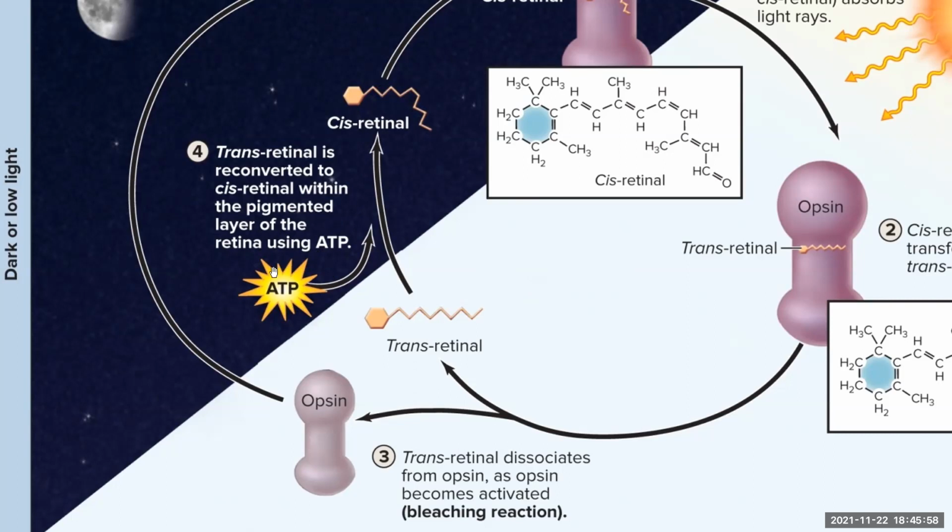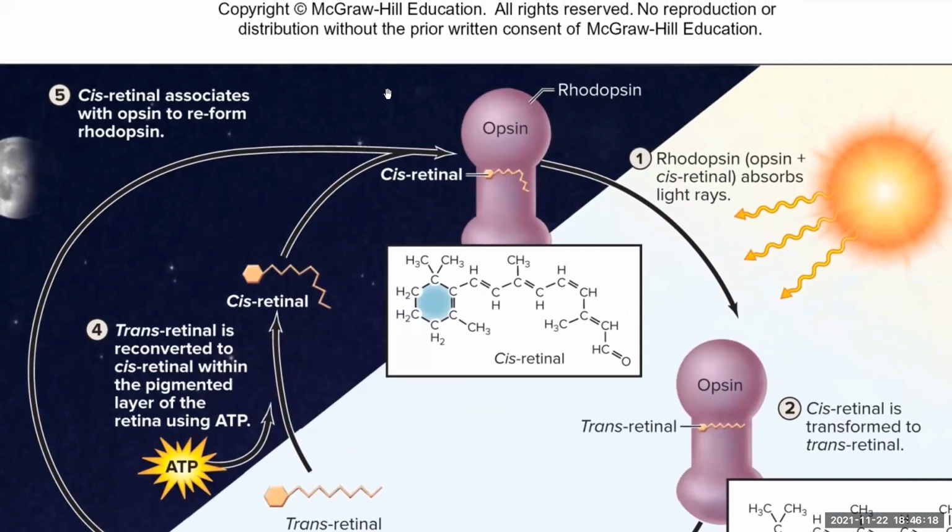It makes sense, right? If you want to bend a bar, or bend something, you have to use some energy to do it. So the ATP is utilized to change the transretinal molecule back into the cis retinal configuration. When that happens, the cis retinal can come back onto the opsin protein.